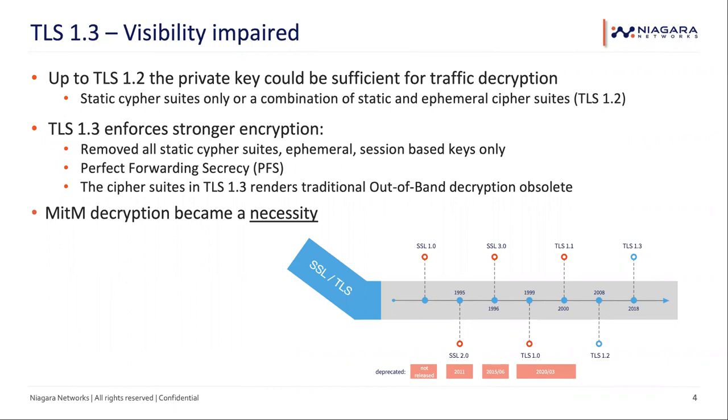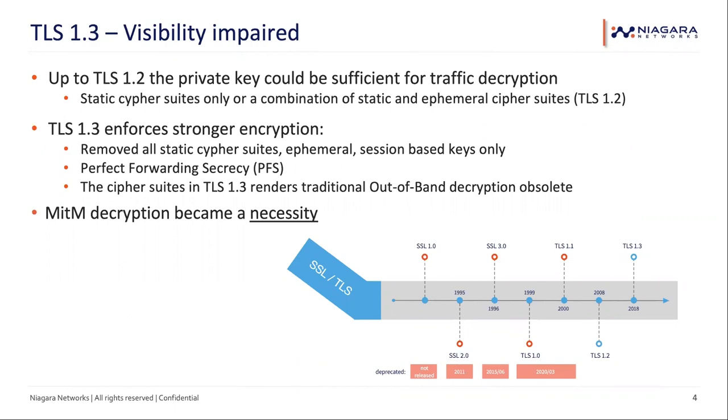So TLS 1.3 only supports ephemeral keys, which means that for every session that is opened, each HTTP session, every time you go to a website, a new key is used for this session. Even if you leave the website to go to another website and come back, you will get a new session.